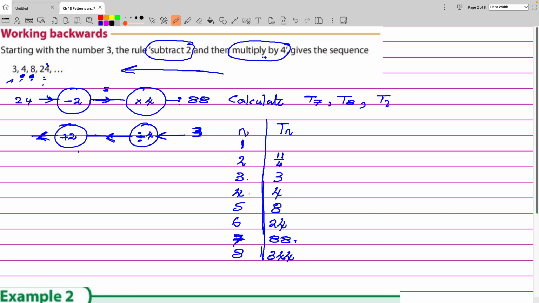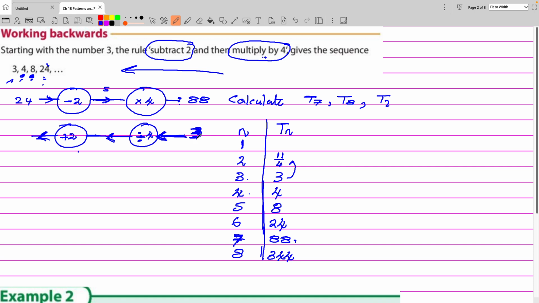So instead of moving forwards to the next number, you're moving backwards. So because you're moving backwards, you are using this one here. So you put the 3 on the right-hand side and then go backwards.